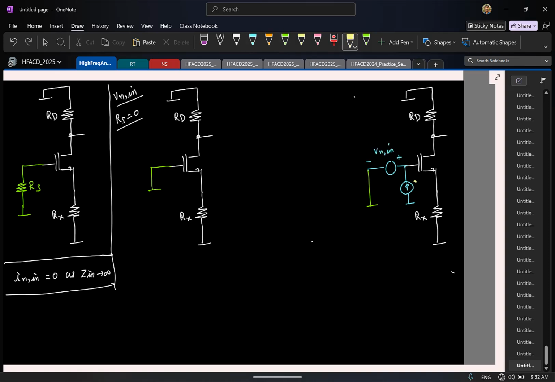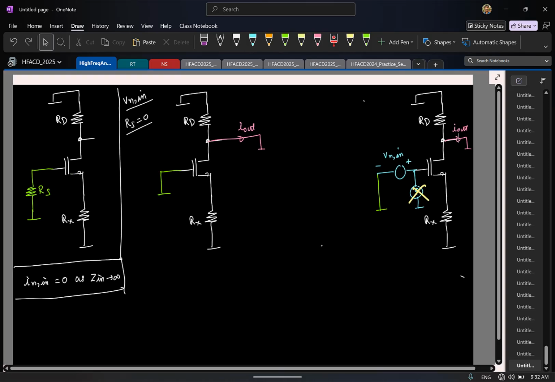Again, I know the current is not going to contribute, so I'll just cross it out. And as usual, I look at the short circuit output current. Again, you don't have to look at the current always. You can even calculate the voltage here and do the calculations. You will get the same result. But many times current is easy because you are shorting things, so things are simplified. And again, as usual, I'll ignore r0.